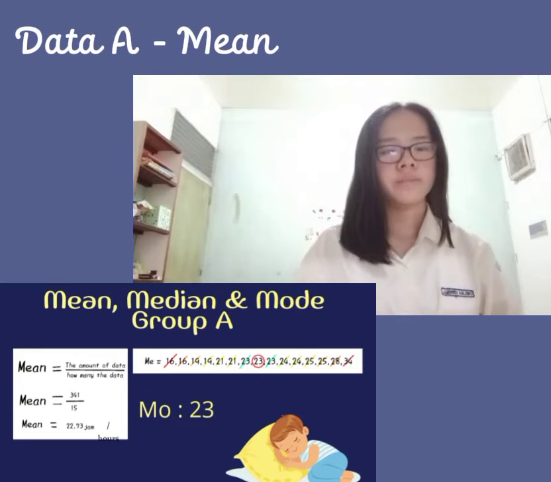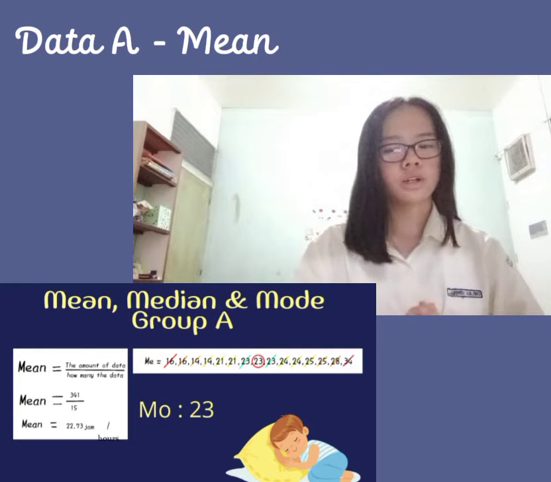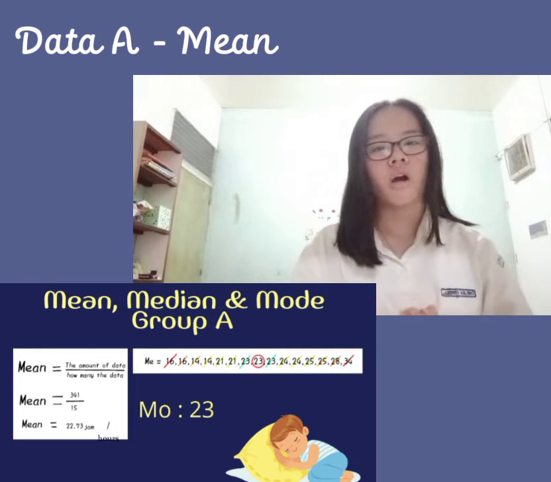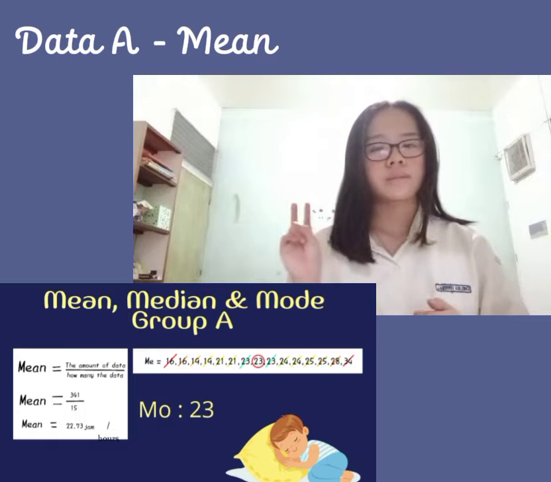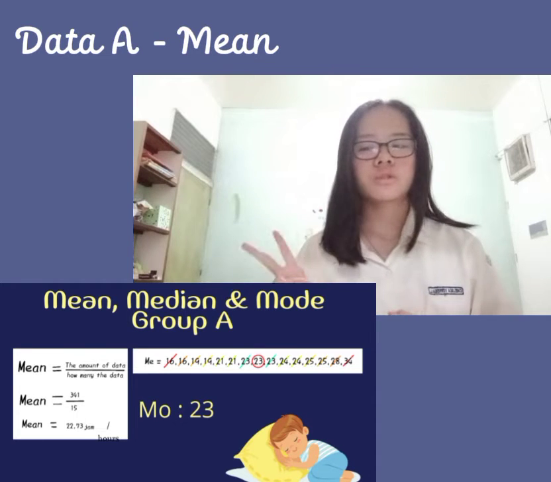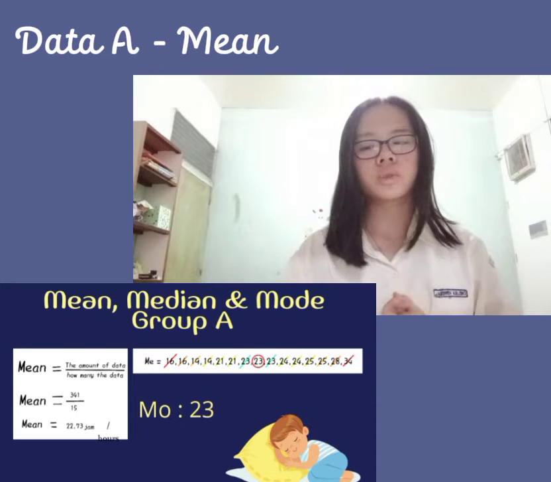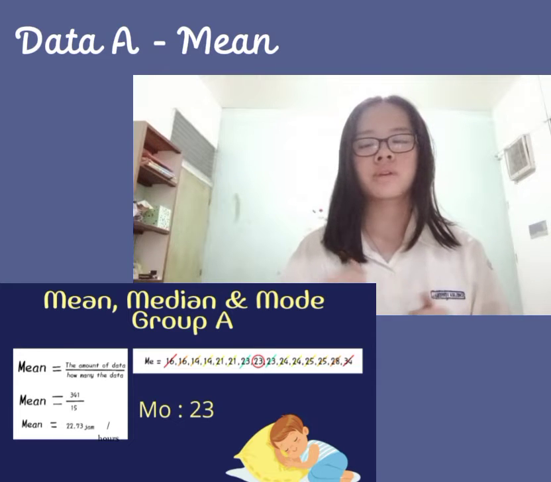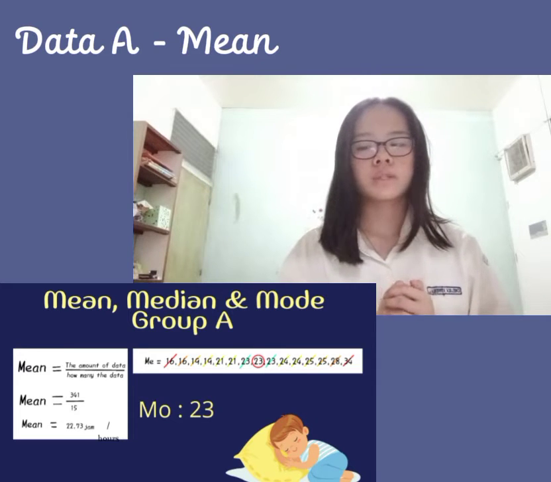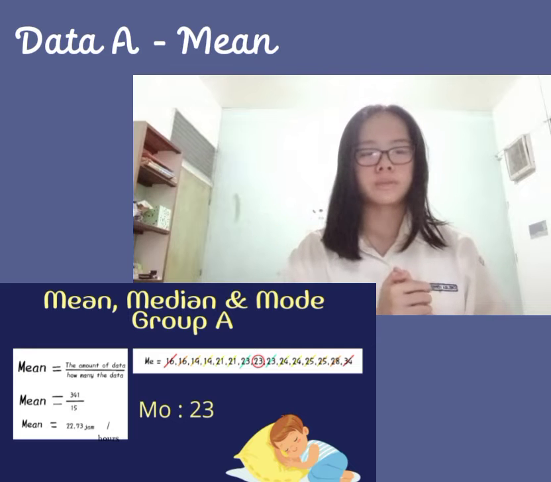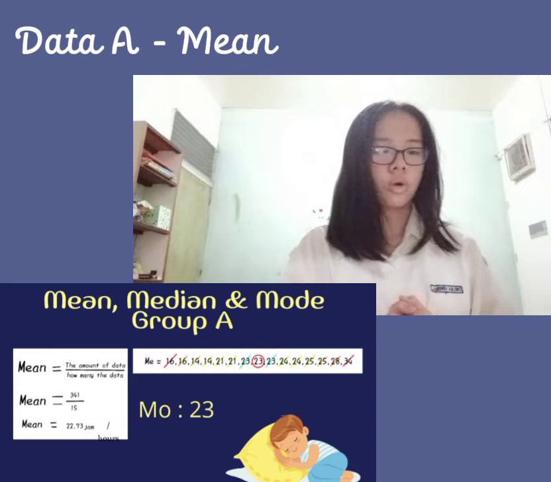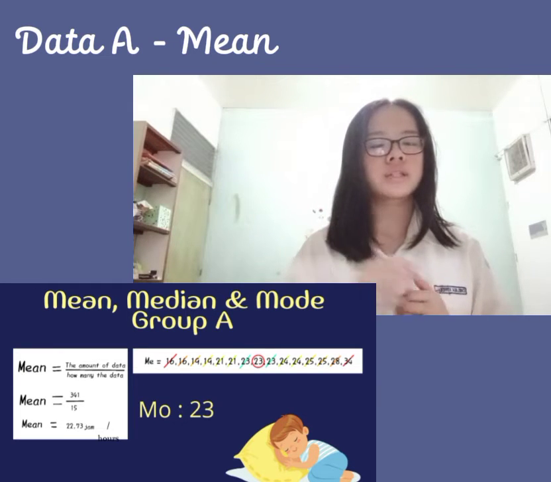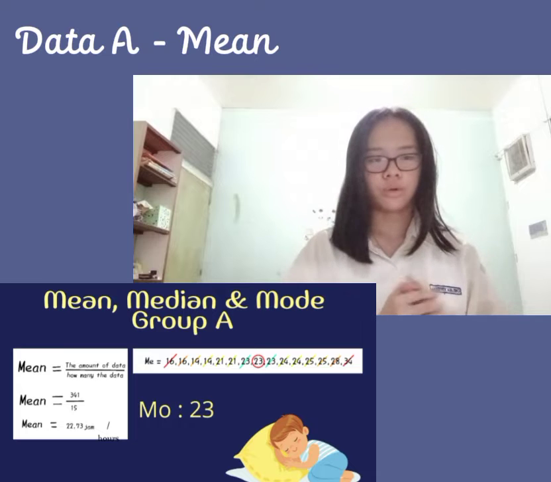How to get the mean? You can see the f multiply x column here. After multiplying all of it, like 16 multiply 2, 19 multiply 2, 21 multiply 2, 23 multiply 3, 24 multiply 2, 25 multiply 2, 28 multiply 1, and 34 multiply 1, we add all the scores, and then we have 341 as the result.